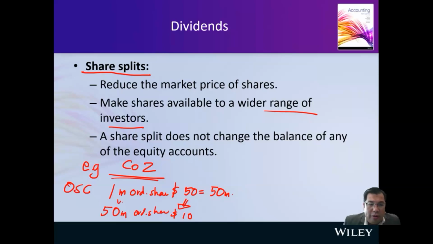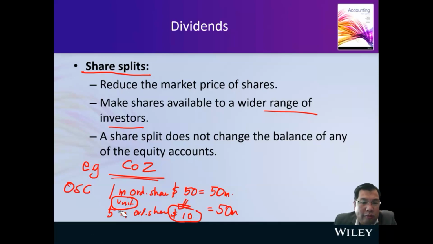So the number of units increases, but the share price reduces. The total is the same, 50 million. No change in your balance sheet, but there's a detailed calculation for that. Instead of 1 million multiplied by $50 per share, now you have 5 million multiplied by $10 per share.